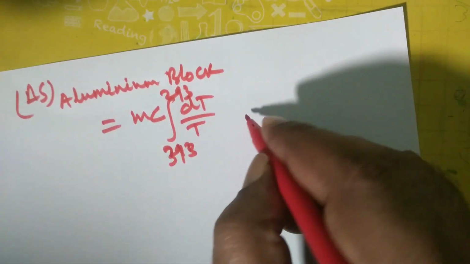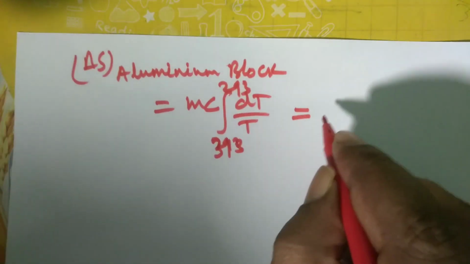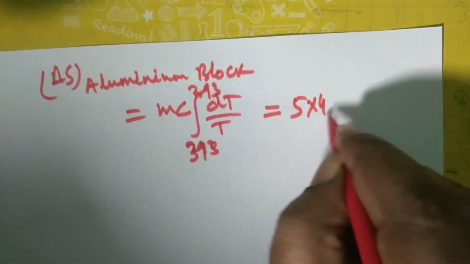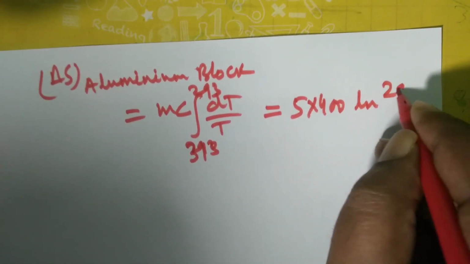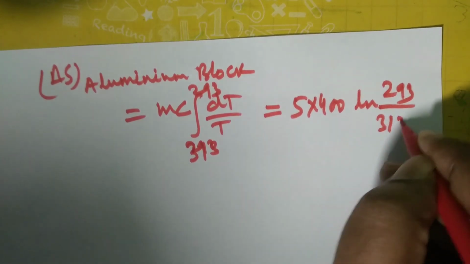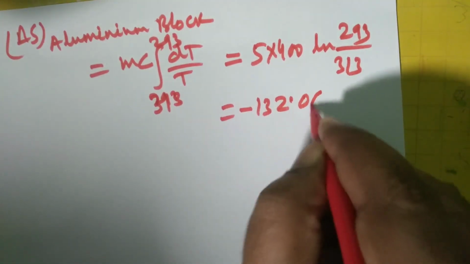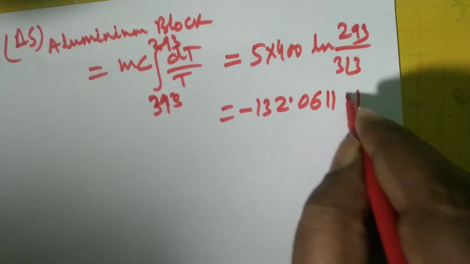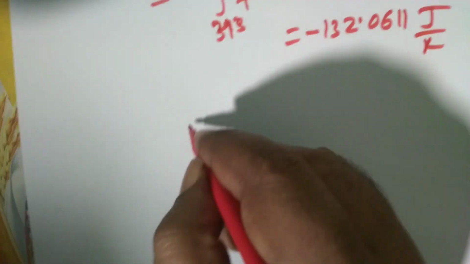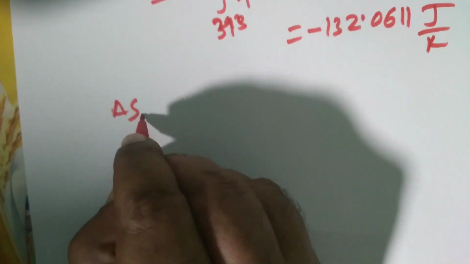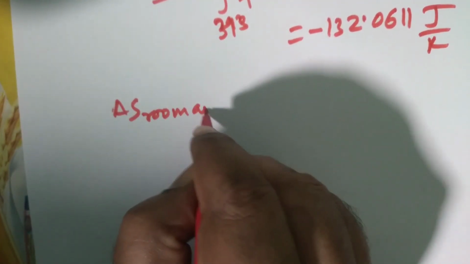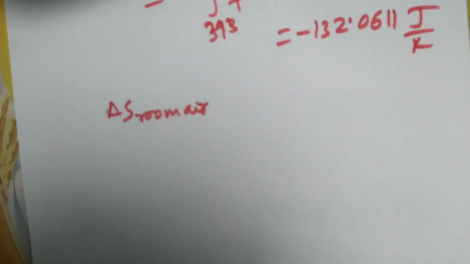So this is equal to 5 into 400 ln(293/313), which is minus 132.0611 joule per Kelvin.